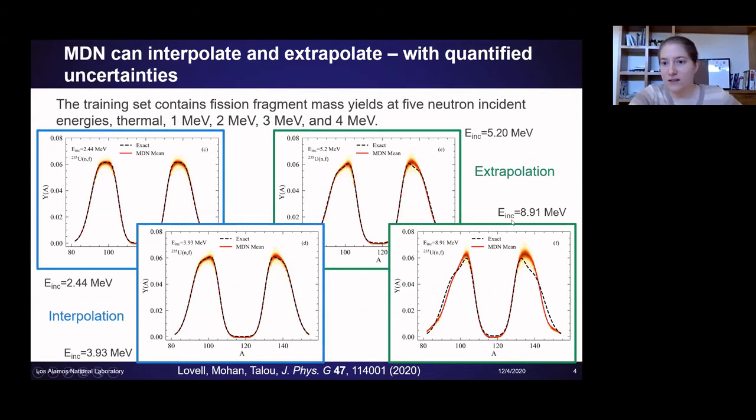In some cases, especially as we get farther away from our training set, we're doing a little bit worse. But again, these predictions come with uncertainties, and our uncertainties are getting larger the farther away from our training set that we get, which is what you're looking for, because you would want a method where if your predictions are farther away, they're probably more uncertain because you have less of an anchor.